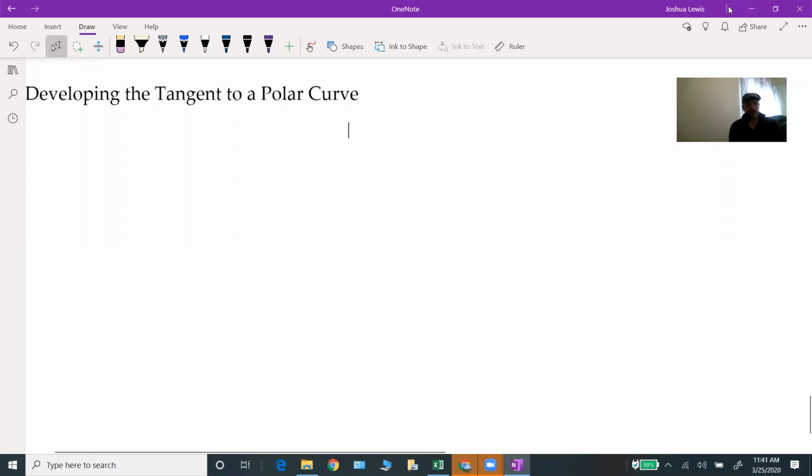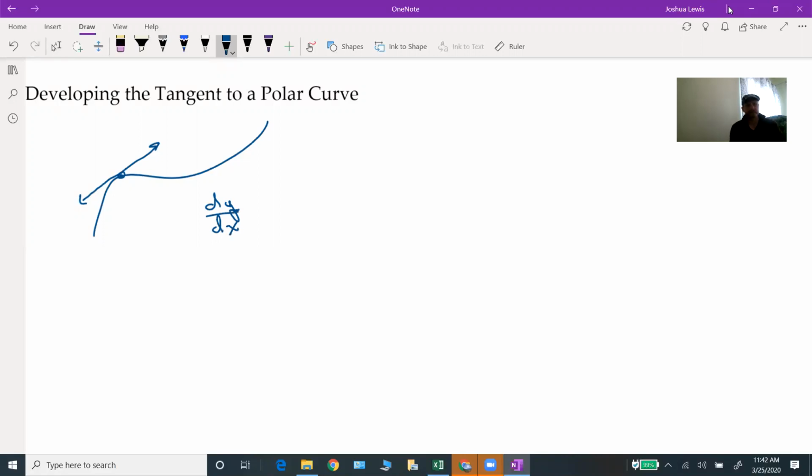So remember, if you have a curve and we want to find the equation of the tangent line, we've got a curve and we want the equation of this tangent line, then we need its slope, right? And the slope is dy/dx.